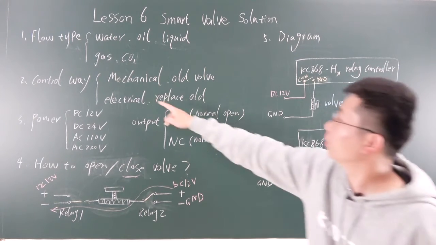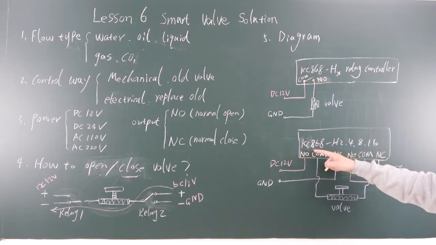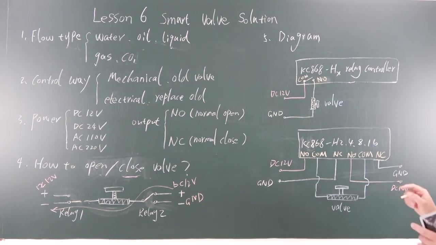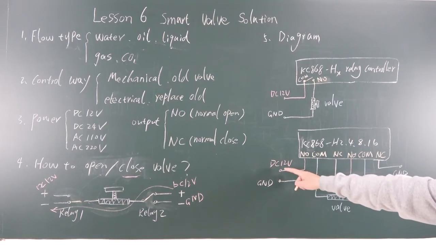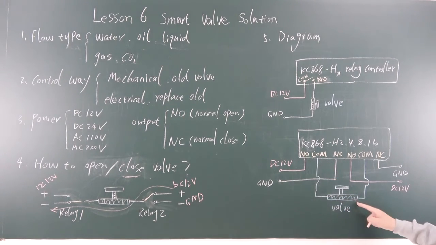If you use this mechanical way, we can do it like this diagram. You can choose the 16 channel. Why not use 32 channel? Because the 32 channel is without the normal close point. There is not enough space to install so many points. So we can choose any of these modules. We can use relay 1 and relay 2, just like this diagram. We let the DC 12 voltage in, and this is a COM connected with the valve.